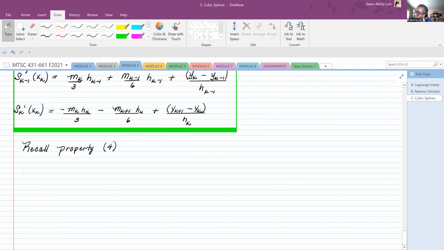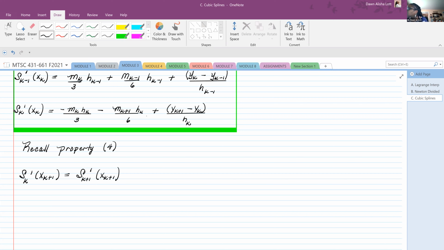That is S_k' at x_{k+1} has to equal S_{k+1}' at x_{k+1}.